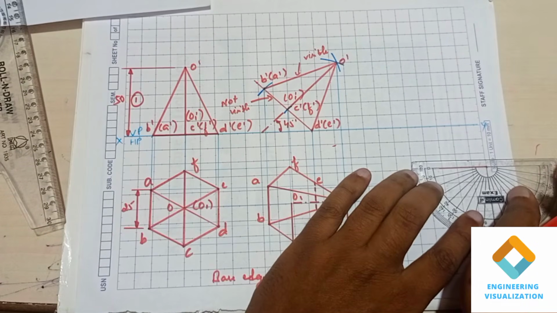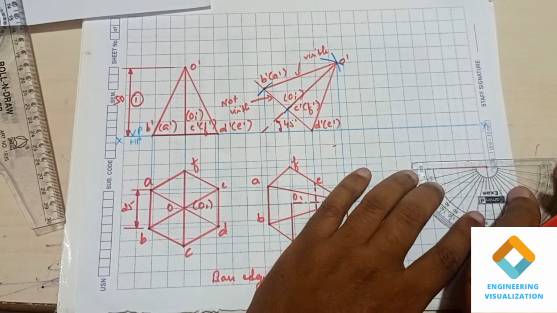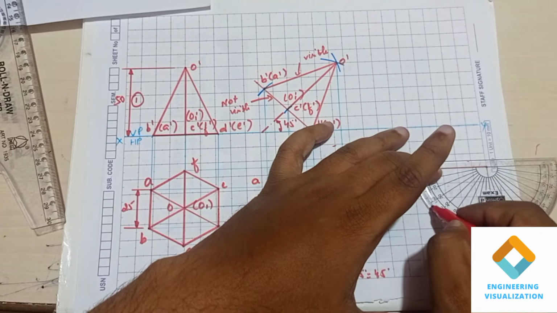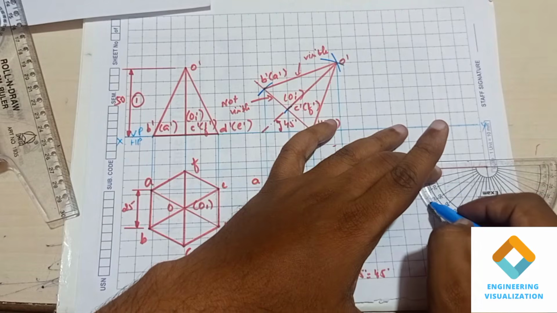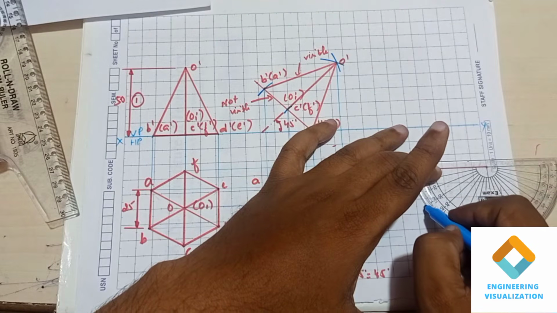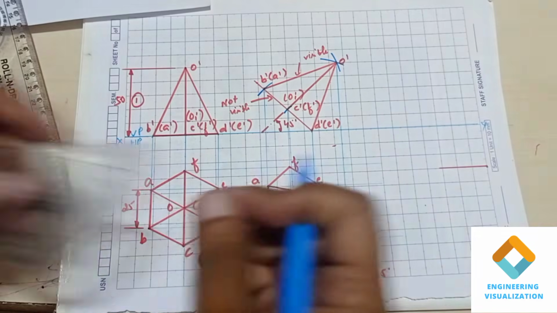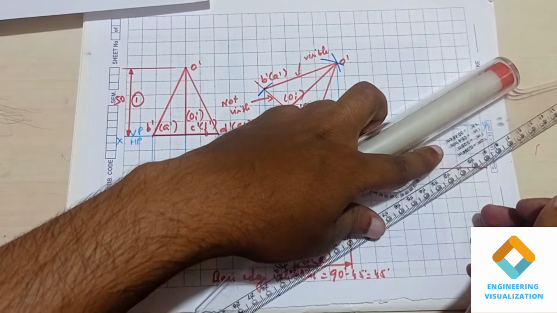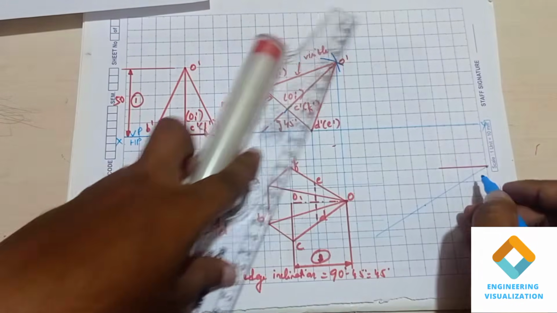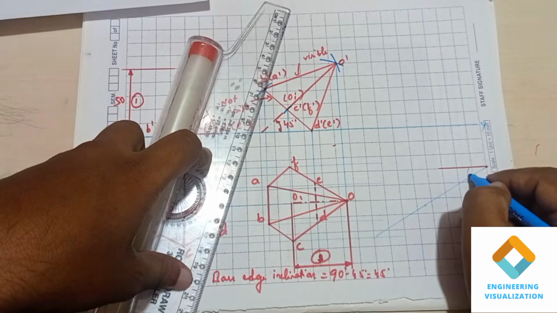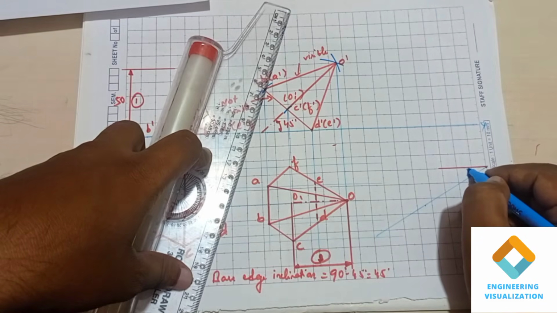Okay, keep the protractor and mark an angle of 30 degree here. Show the angle 30 degree.